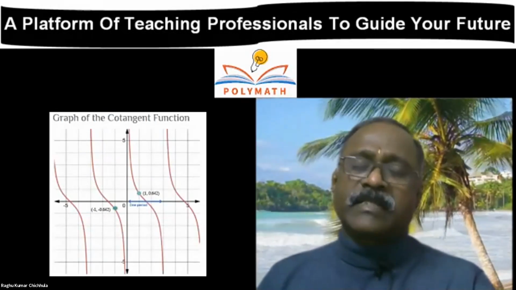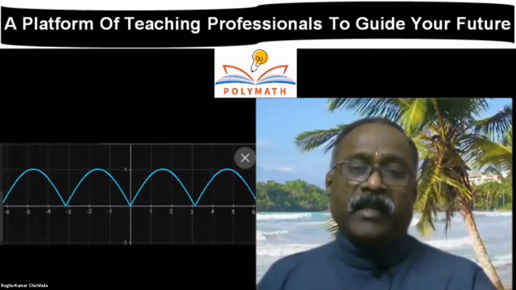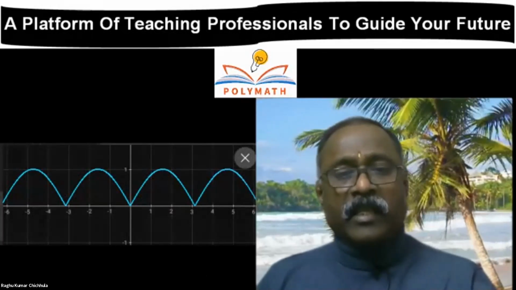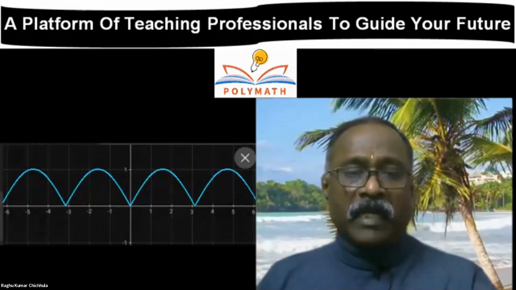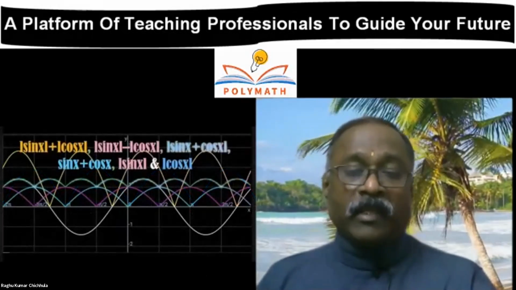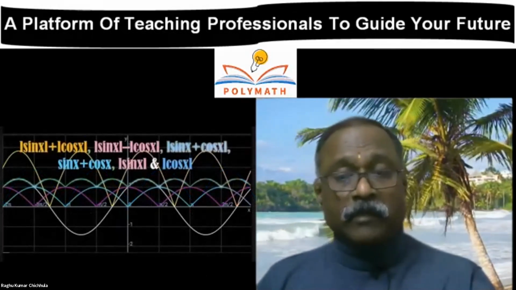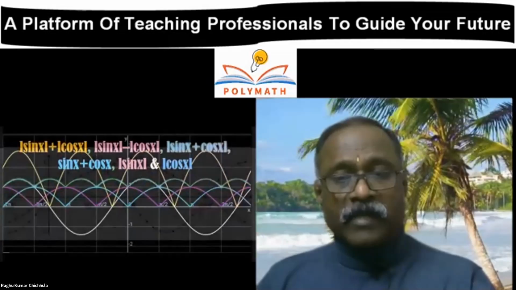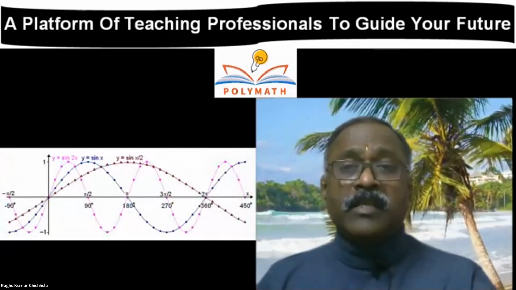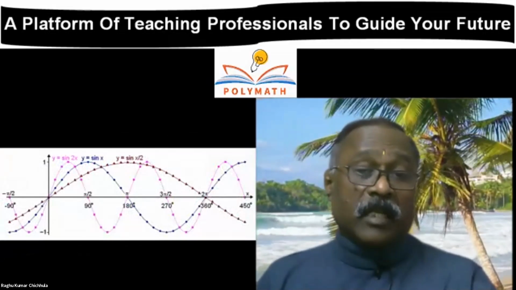What I mean by structure is where it is increasing, where it is decreasing, where it is taking a turn, what its maximum value is, what its minimum value is, and all this you will know. What is the period of the function? What is the period of the trigonometric function, particularly because we are discussing trigonometry here? All these will be clearly known if you see the graph of any function.